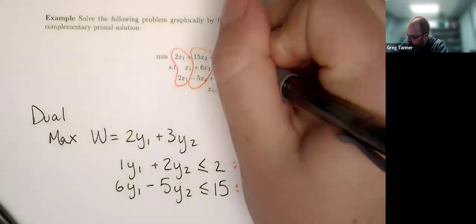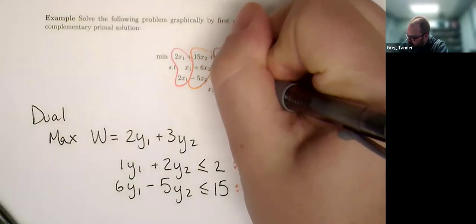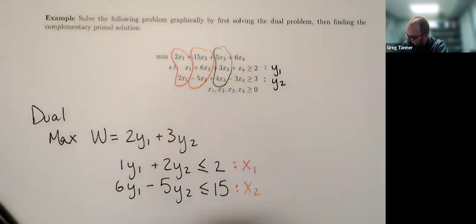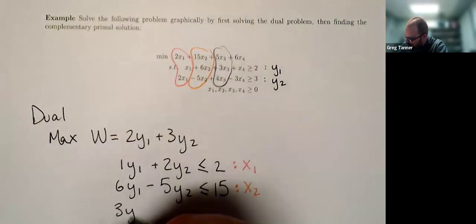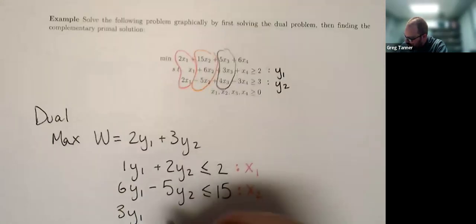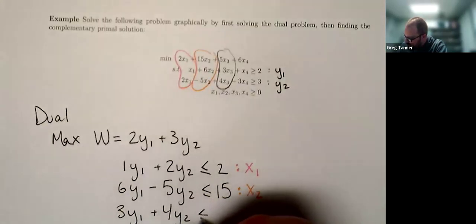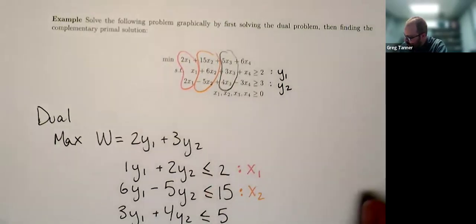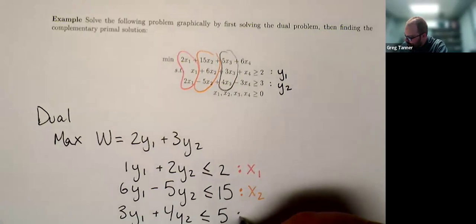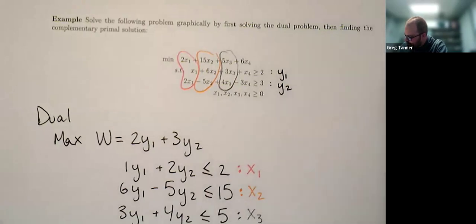Let's look at X3. I'll circle all the X3s there. So 3 in the Y1 plus 4 in the Y2 is going to be less than or equal to 5 in the old objective row. And that's going to be our X3 constraint.